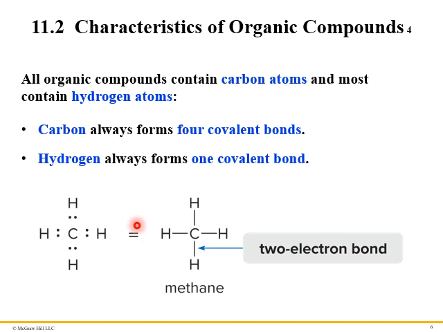You can see in this example, again looking at methane, carbon forms 4 bonds with 4 hydrogen atoms, and each hydrogen atom just forms the 1 bond with carbon. These 2 electrons, we represent that bond as a line, just like we did across the semester. Every line represents a 2-electron bond.